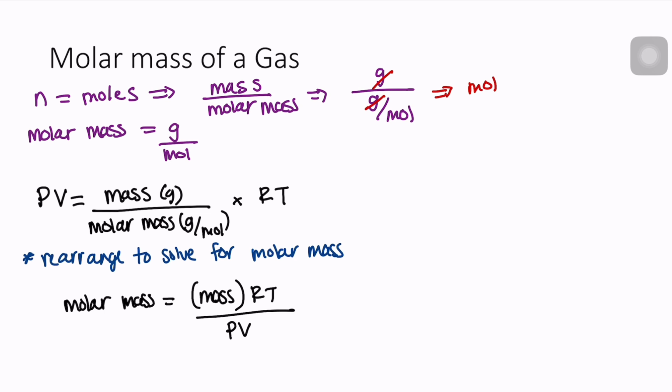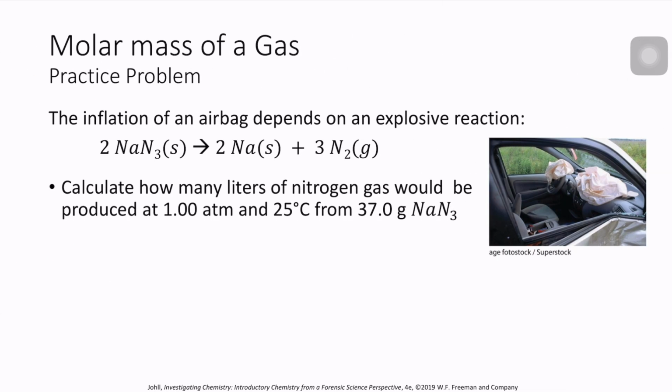So we can use the ideal gas law to solve for an amount in moles and use that in stoichiometry problems involving gas phase reactants or products. Let's look at an example of that. Sodium azide, which we looked at before, is responsible for the inflation of an airbag.